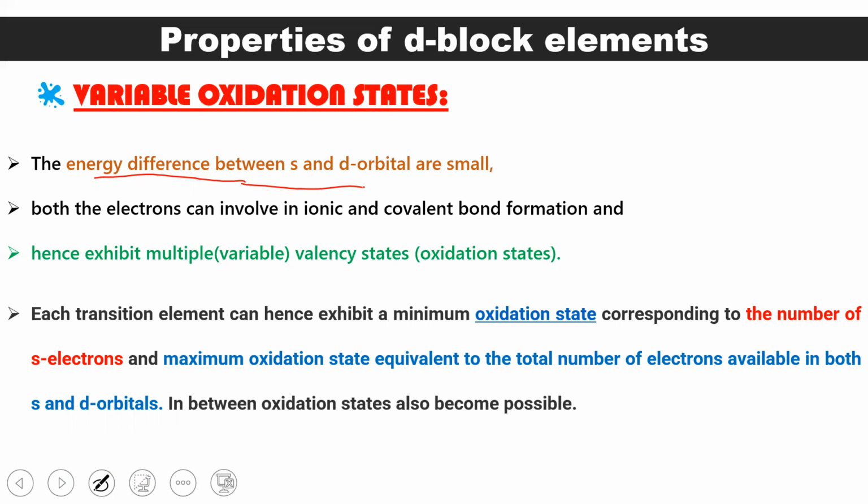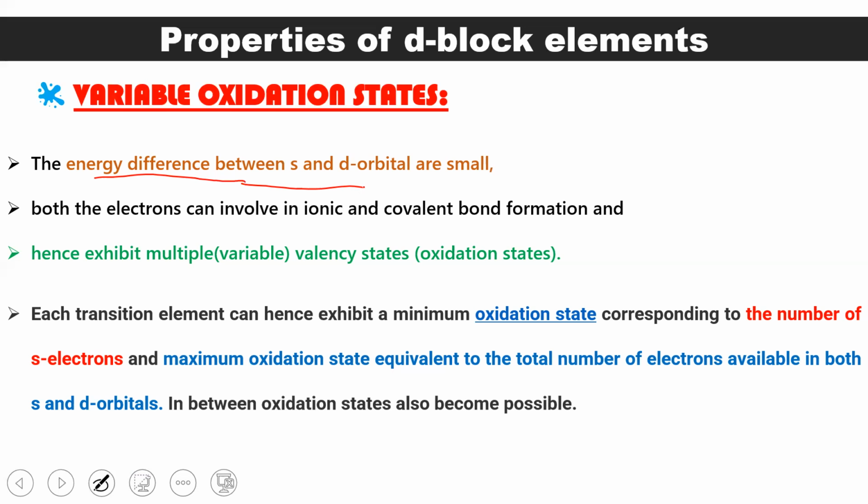That is because the energy between the s and d orbitals is small, and the electrons present in s as well as d are both involved in bond formation. Because of this, the d block elements have more than one oxidation state.